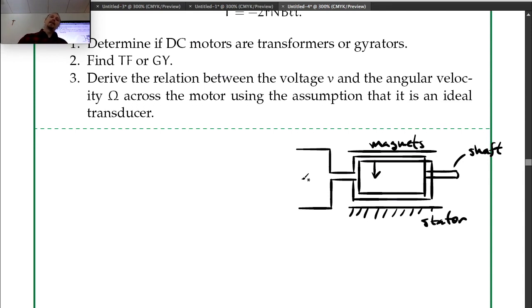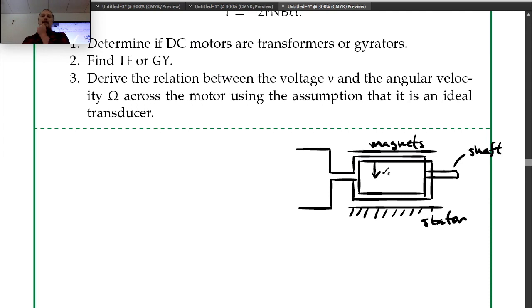And if you have several coils on your rotor, and several magnets in your stator oriented around, you can keep this process going where it's always pushing you in one direction around the circuit. And you have to have either brushes or some other commutator, we'll talk more about that later, to reverse the direction of the current flowing.